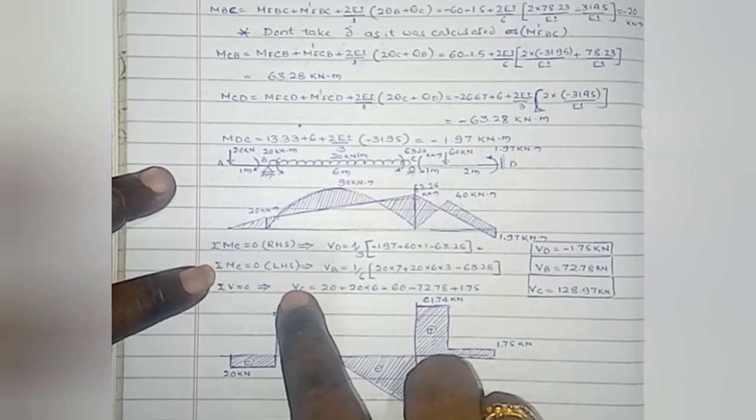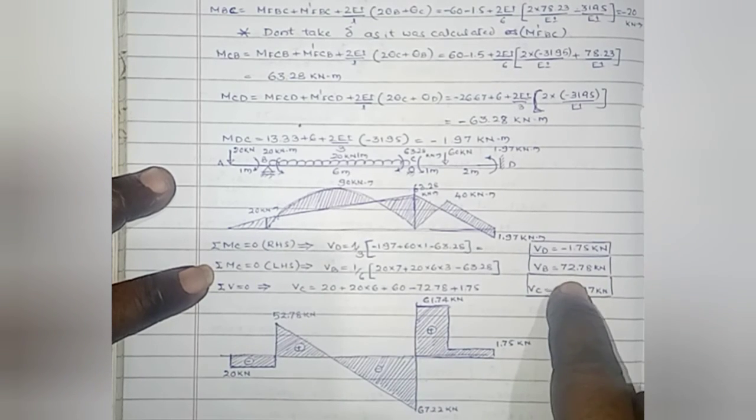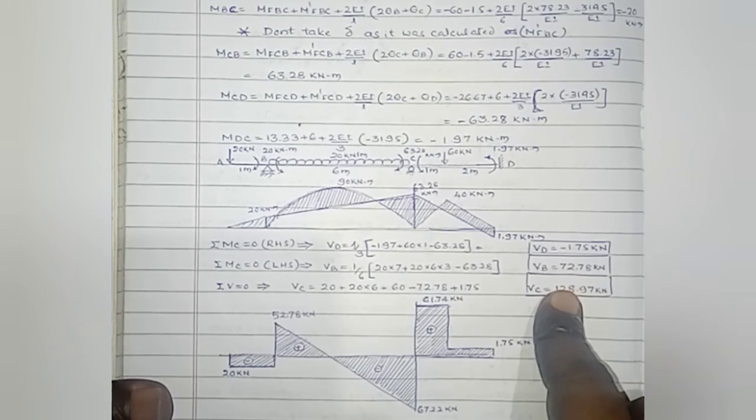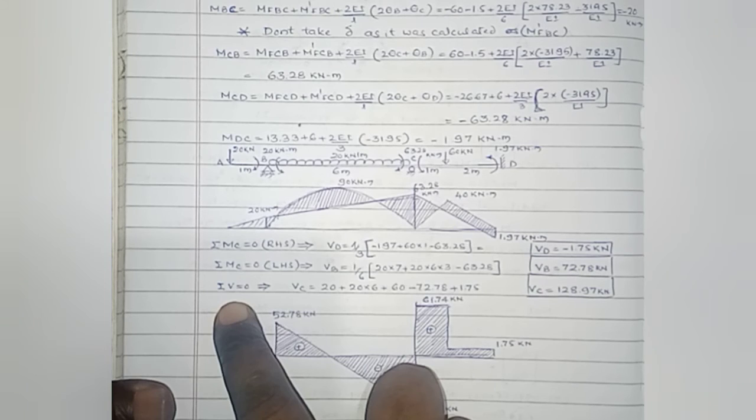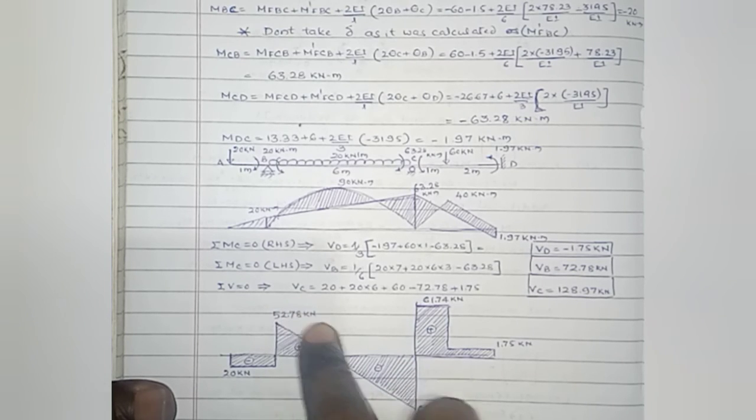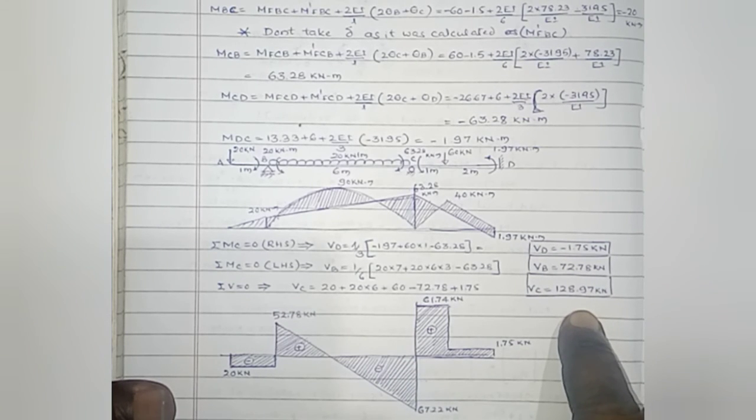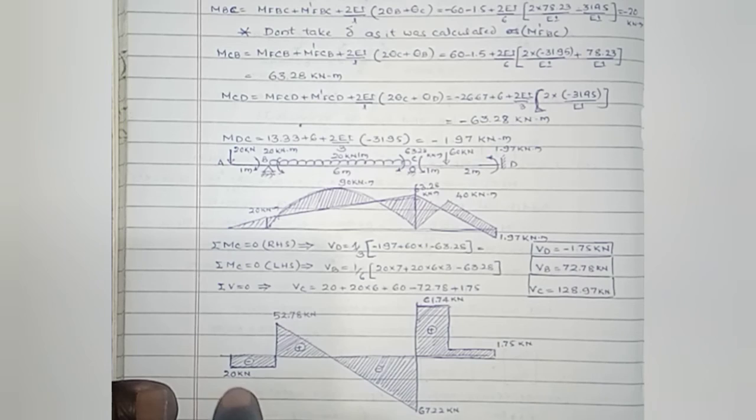Then by using this we can calculate VB equals 72.78 kilonewton. Then by applying another equilibrium equation, summation of V equals 0, we will get VC equals 128.97 kilonewton. By using this we are able to draw the shear force diagram.